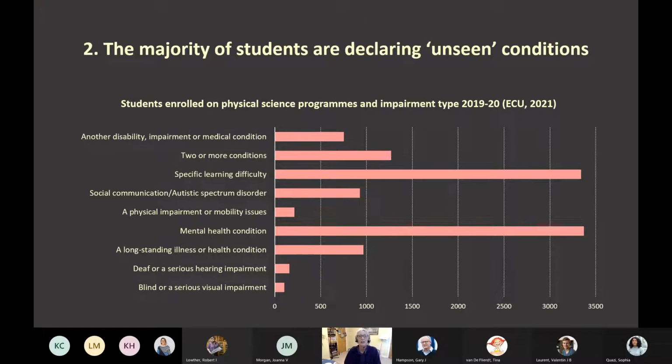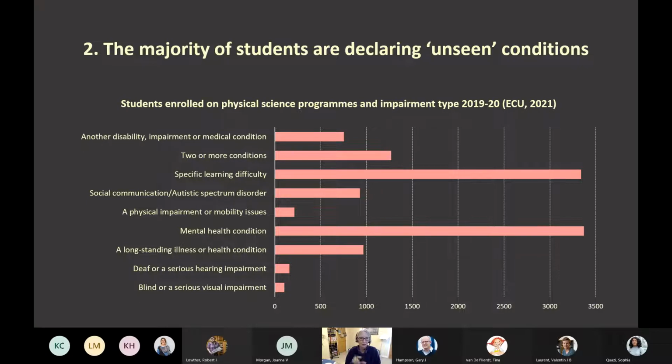If we zoom in and look at students that are enrolled on physical science programmes, so this is just the data from 2019-2020, what we can see is that the majority of students are declaring conditions that relate to either a specific learning difficulty, so this would be something like dyslexia, dyspraxia, dyscalculia, or a mental health condition, so this could be depression, anxiety, bipolar disorder.